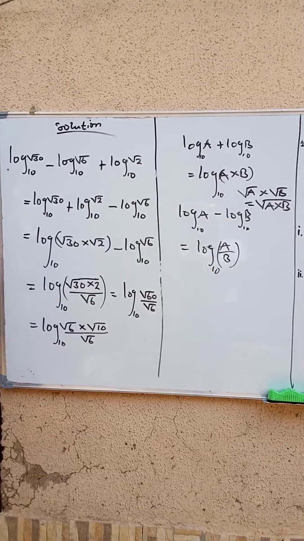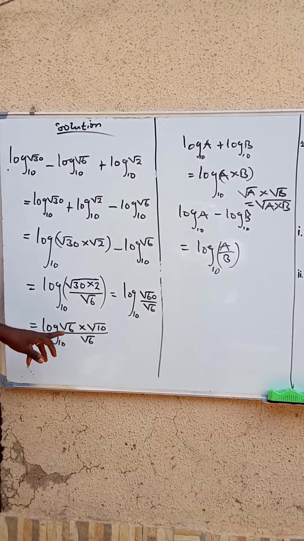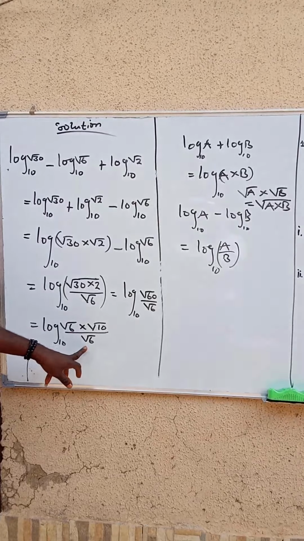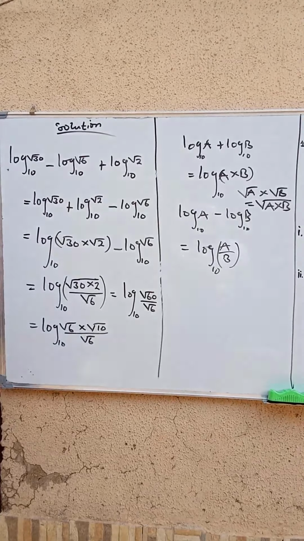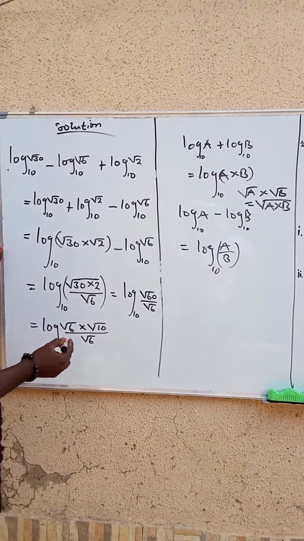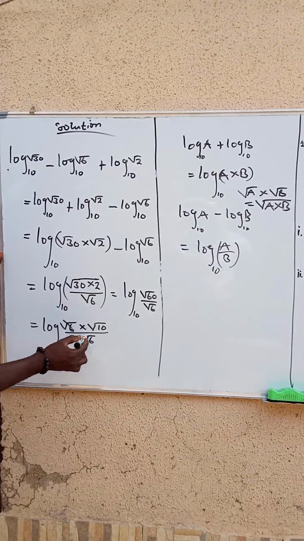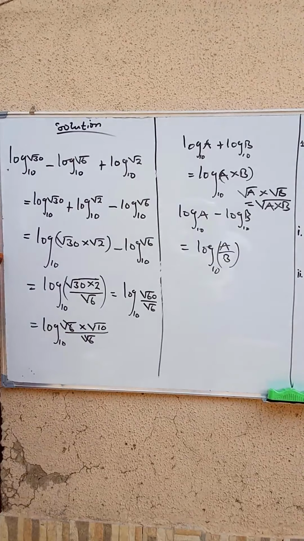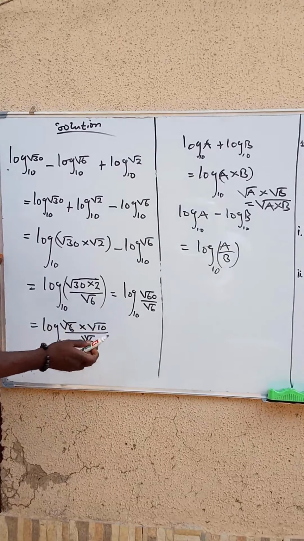Now if you look at it very well, this and this can go, because without me writing this, it's just a multiplication. This can take care of this. Since it's one denominator, then it becomes this.